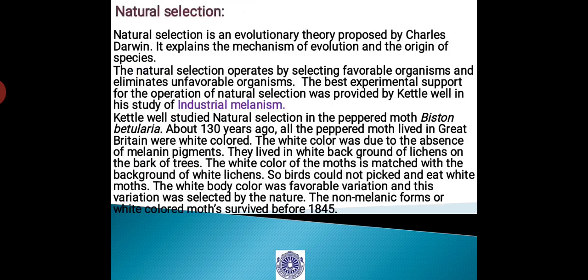They lived against the white background of the lichens on the bark of the trees, and the white color of the moths matched the background, so birds could not pick and eat these white moths. The white body color was a favorable variation at that time, and this variation was selected by nature, and the non-melanic forms or white colored moths survived before 1845.